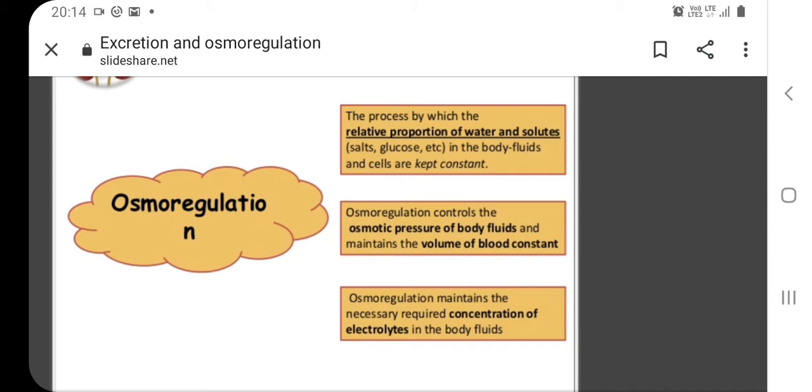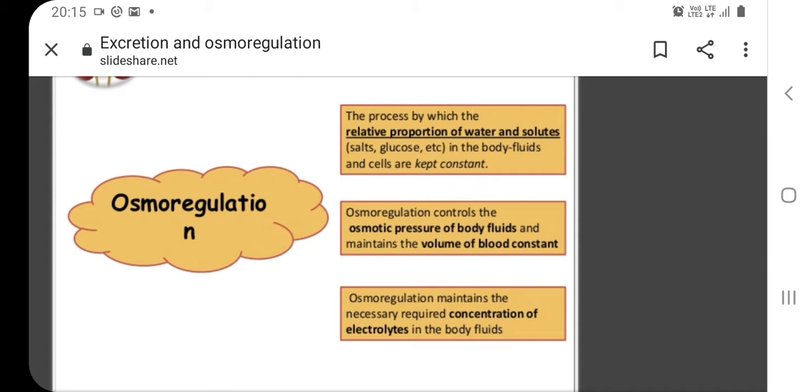Osmoregulation, as already mentioned, is a process by which a balance between the water and solutes present in a cell or in body fluid is maintained as per the salt and water concentration outside the cell or the system.